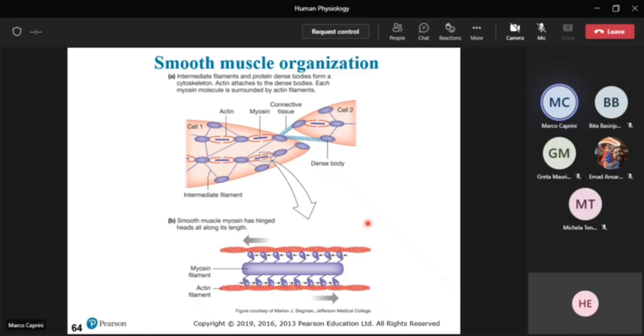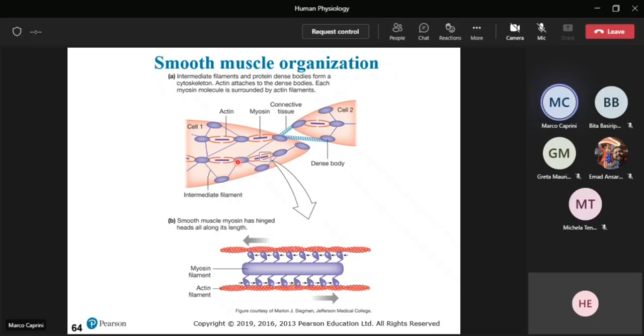What can be parallelized to the dense body in the skeletal muscle? What do you think that the dense body is in the skeletal muscle? No, the sarcomere is delimited by what?